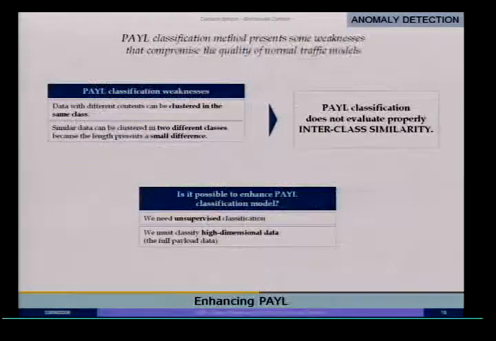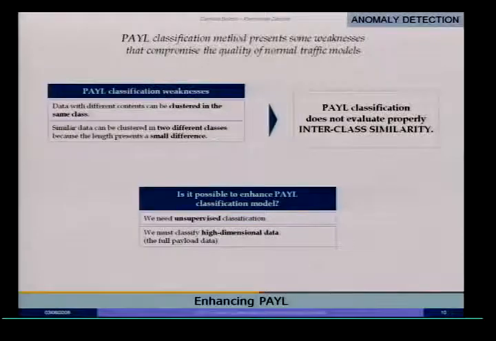Unfortunately, PAYL has some weaknesses, and one of the weaknesses is that it is prone to mimicry attacks, because it inspects the byte frequency distribution, and for attackers it is possible to craft attack packets by padding some characters in order to have a normal byte frequency distribution.